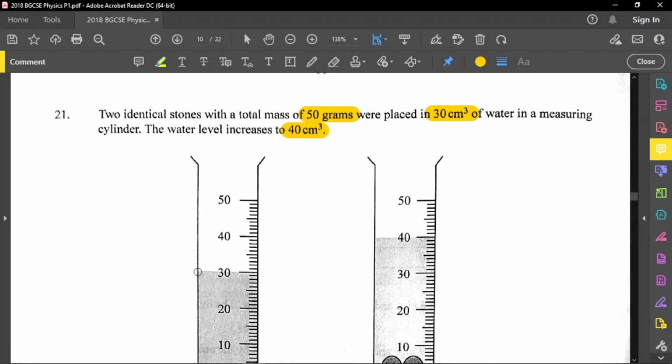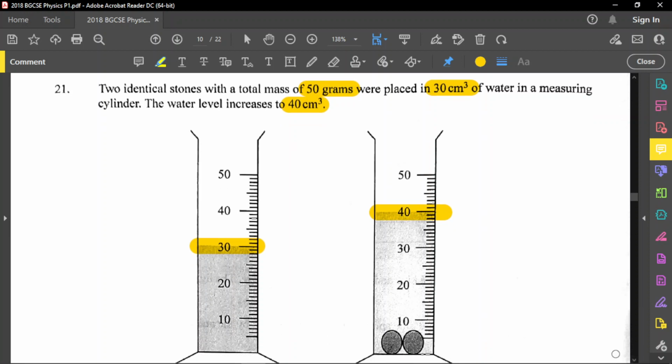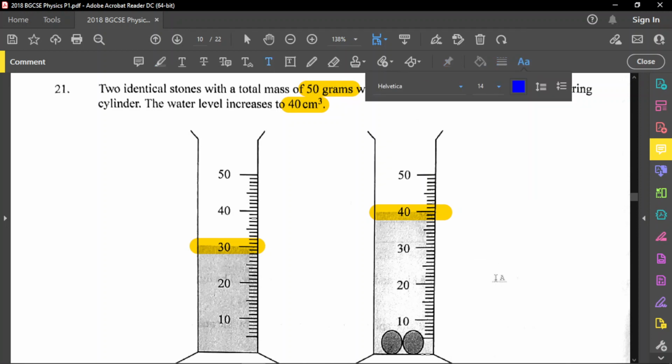You notice the line right here, 30, and then it goes up to 40. And so we know our volume of the stones, let's write that out. Our stone volume is 40 minus 30, and so that equals 10. So V of the stones together equals 10 cm³.